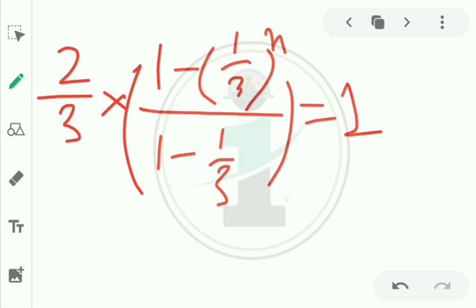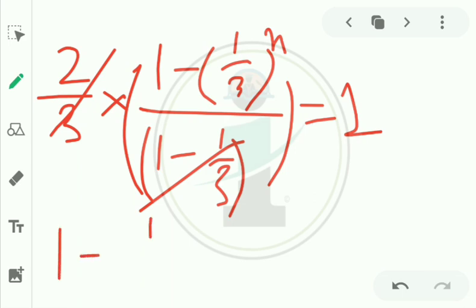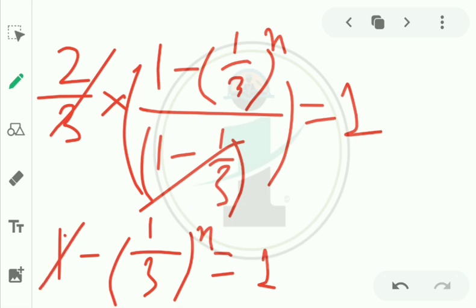Now this part will also contribute a 2/3. That is why this 2/3 and this 2/3 will be cancelled. So we are left with this part, from where we can cancel this 1 and this 1.